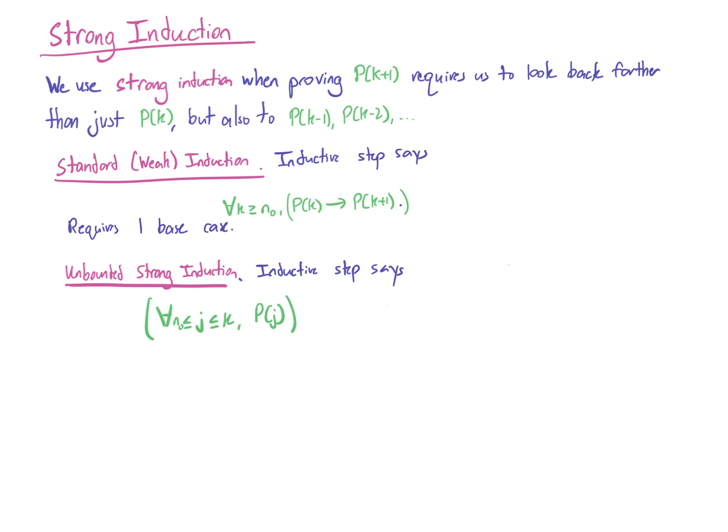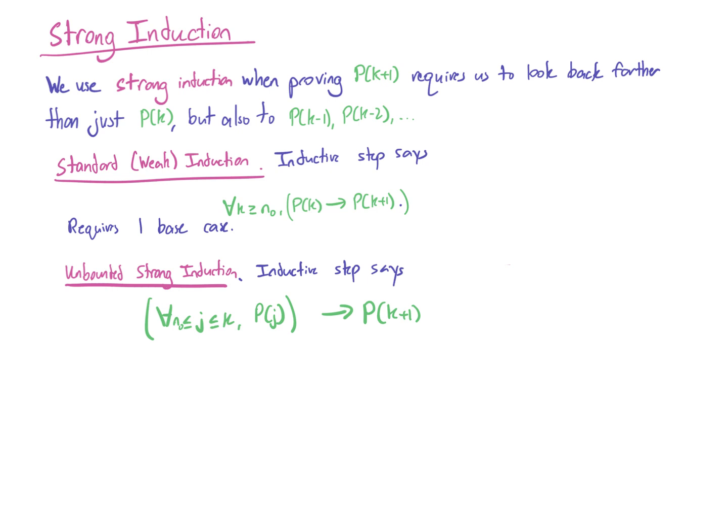This is telling me I'm going to assume P of j for everything up to and including k, and I'm going to use that in the inductive step to demonstrate that P of k plus 1 is true. So my inductive step says, assume that P is true of every j up to and including k, and that's going to get me to k plus 1.